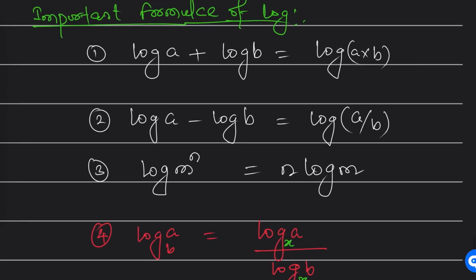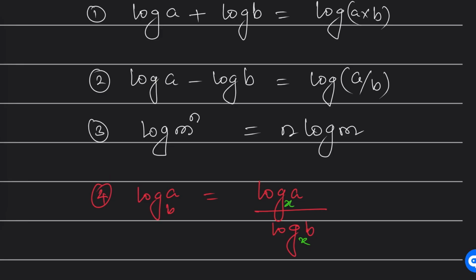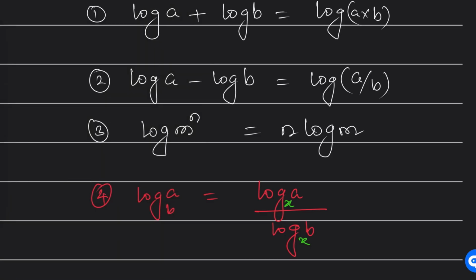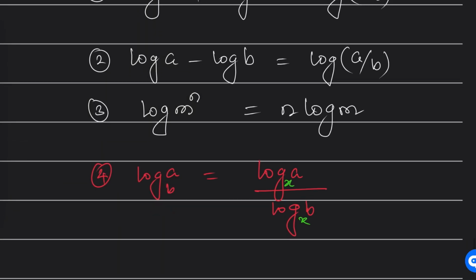These four formulas are important because they are going to be used, and only those we need to discuss. Extra things are a burden, so why remember those things? Because in physics, other than these log formulas, no other formulas are required. These three are the important main ones, but this conversion of base is also important, so you should remember.